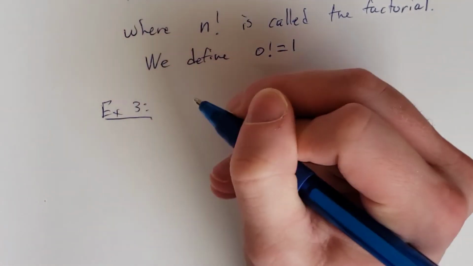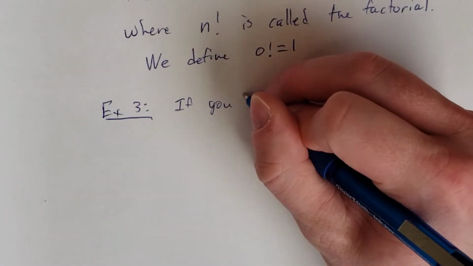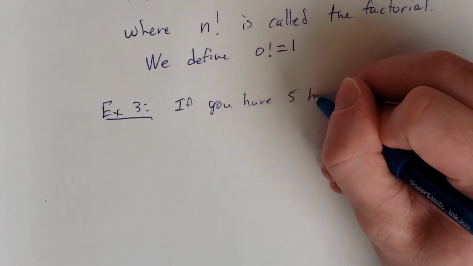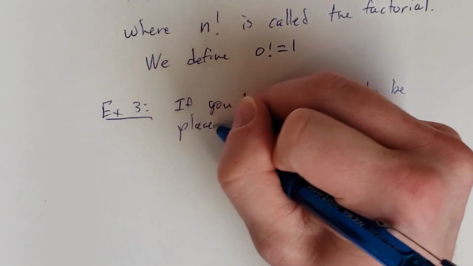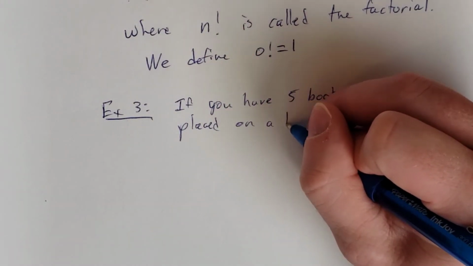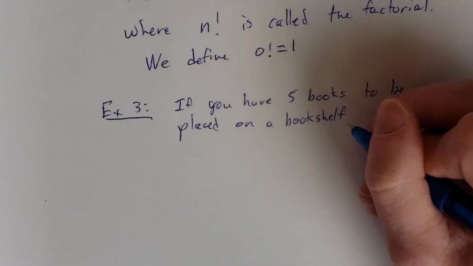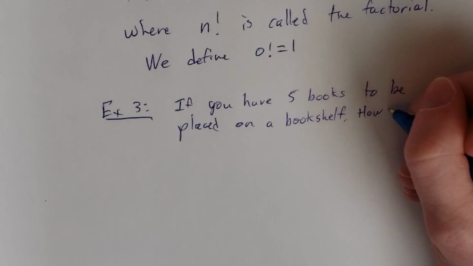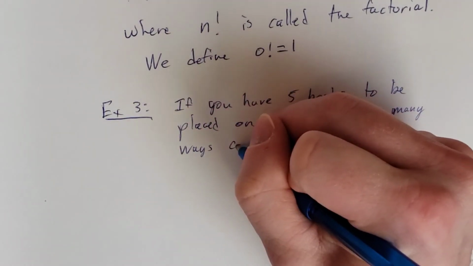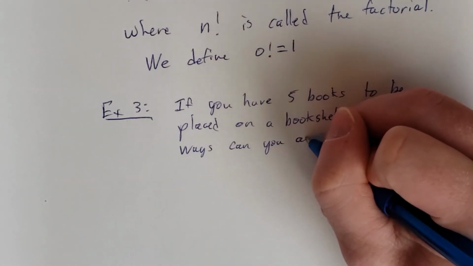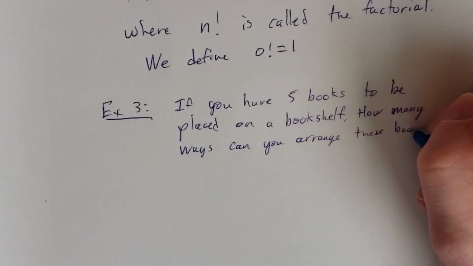Example 3: suppose you have 5 books to be placed on a bookshelf. How many ways can you arrange these books?